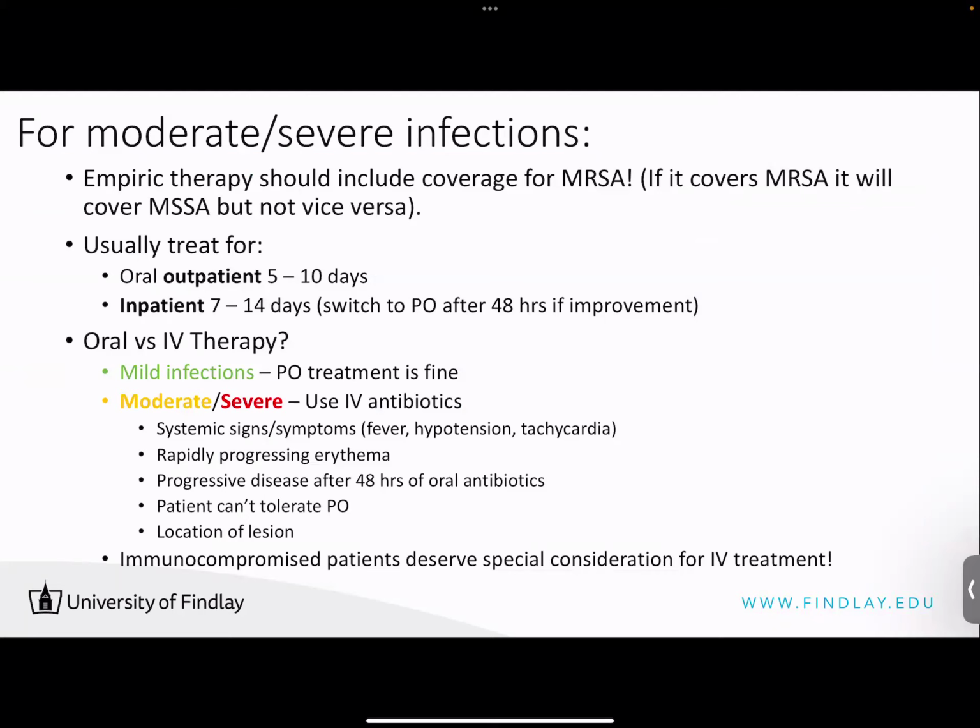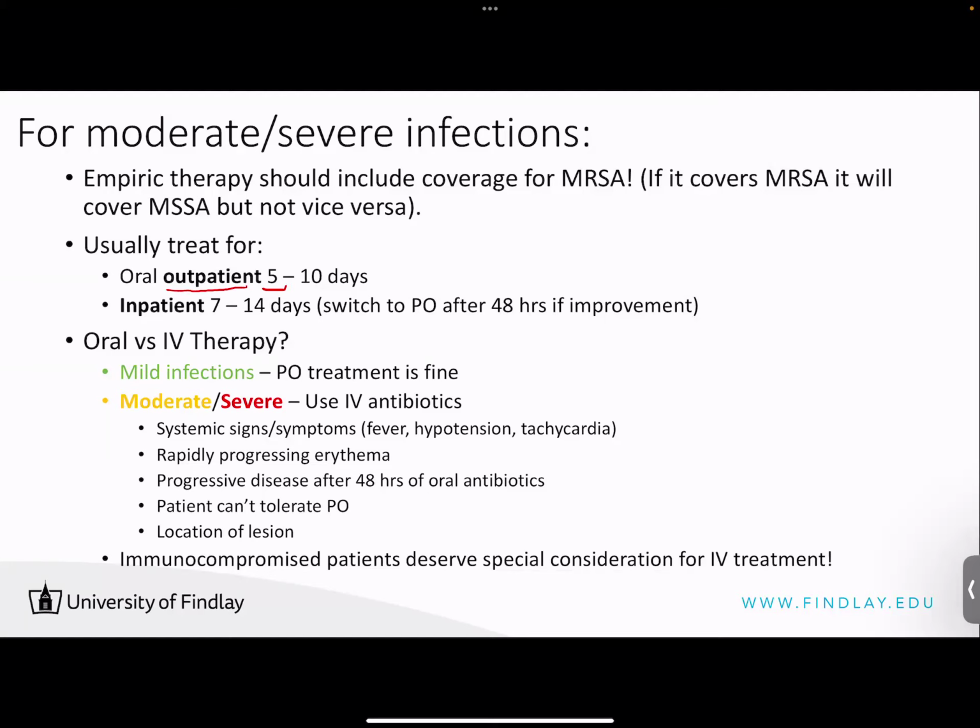So how long do we treat them? Shorter ends up being better. Okay. 5 days, right? 5 days for an outpatient, up to 10. 10 is probably too long. It's overkill at that point. And if they're an outpatient, they probably have decent control over things.